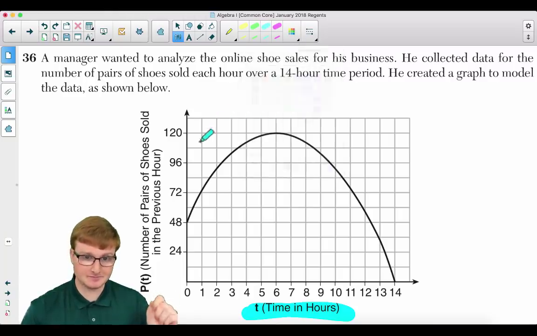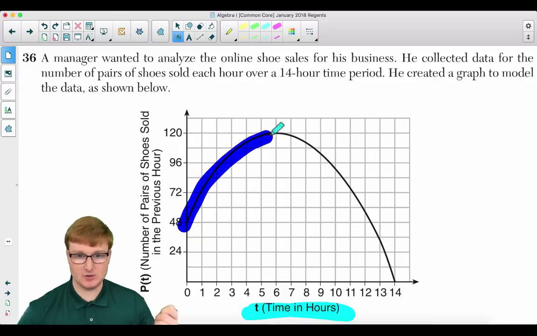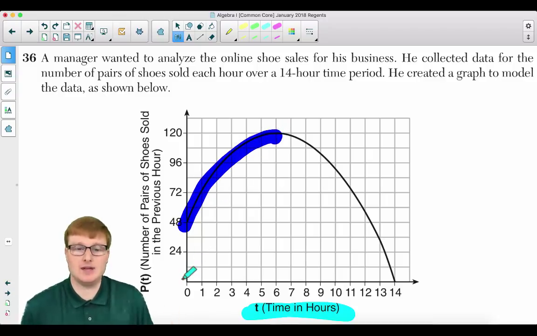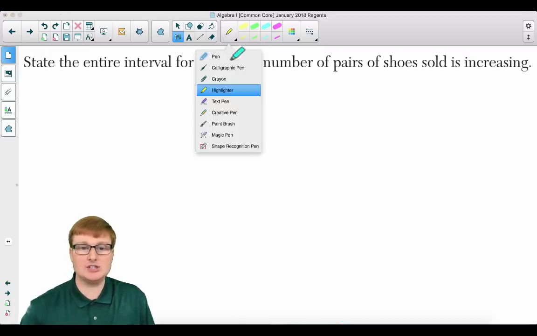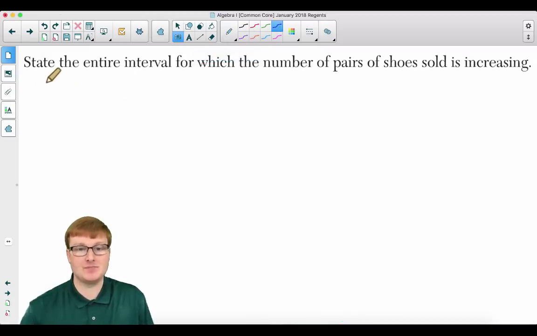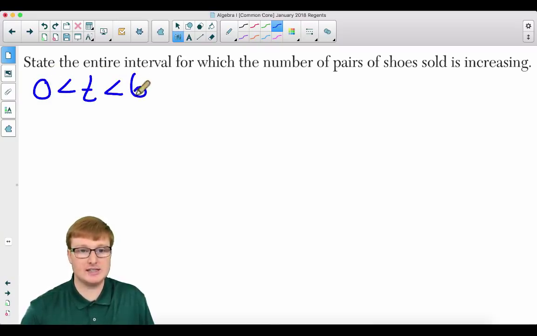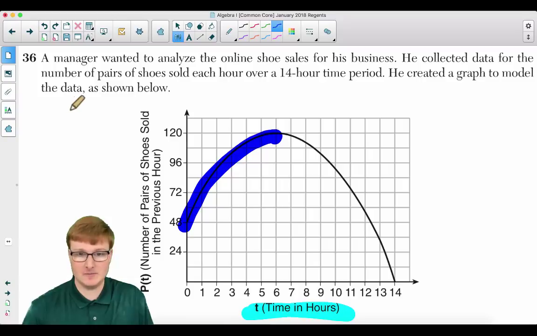I'll tell you that right now. They wanted you to say from 0 to 6 because, of course, the slope is positive. That's what they wanted you to say. So here's the first answer that they accepted for the interval. 0 is less than t, which is less than 6. So that's the interval.